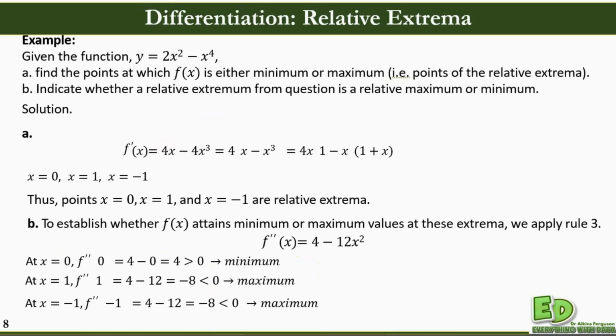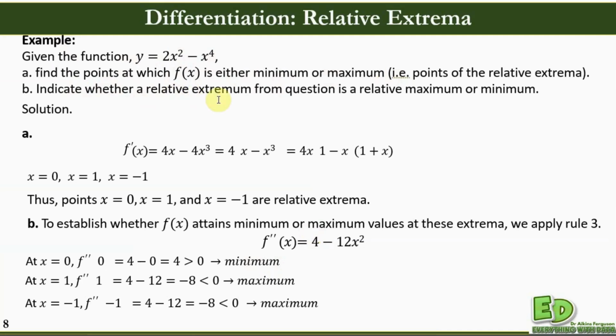On our next slide here, we have a practical example to show how you go about finding a minimum and maximum point. So given the function y is equal to 2x squared minus x to the power 4, find a point at which either a minimum or maximum occurs, right?